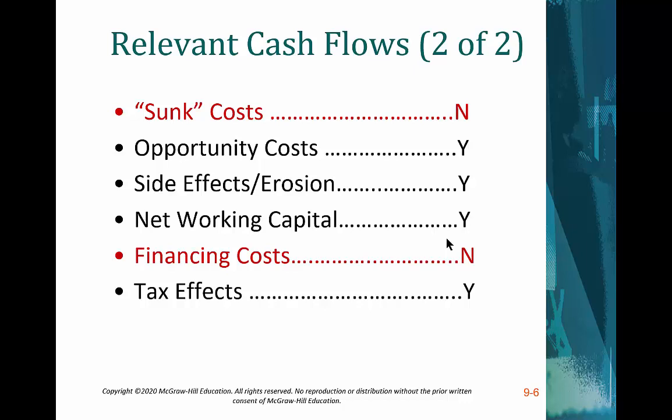The project doesn't know how it is being financed, or should not know how it is being financed. It shouldn't depend upon whether you accept the project or not, based on whether the firm is debt financing or equity financing. And second reason is financing costs are implicitly built into the discount rate. In that sense, they are being used, but not as part of the cash flow.